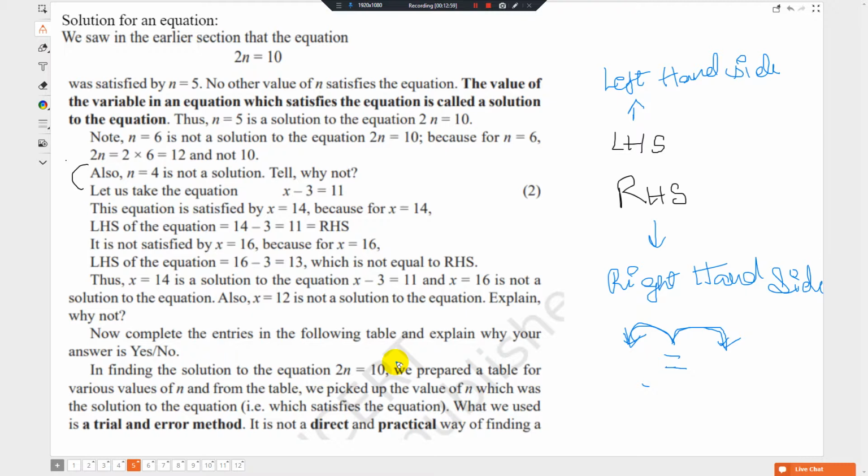From the table we picked up the value of n which was the solution to the equation, which satisfies the equation. What we used is the trial and error method.